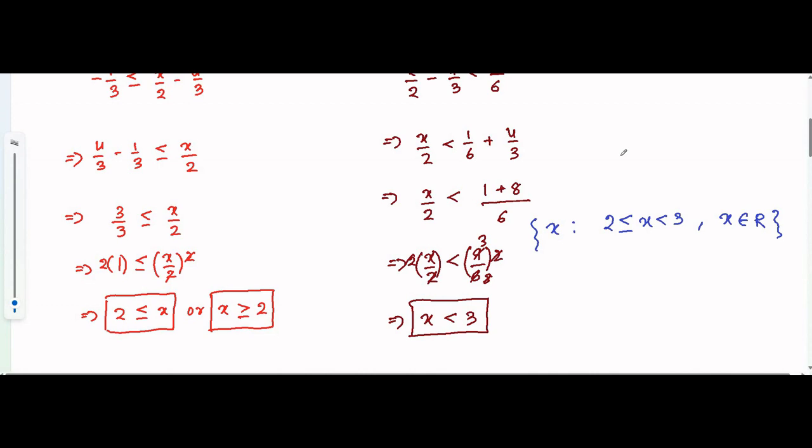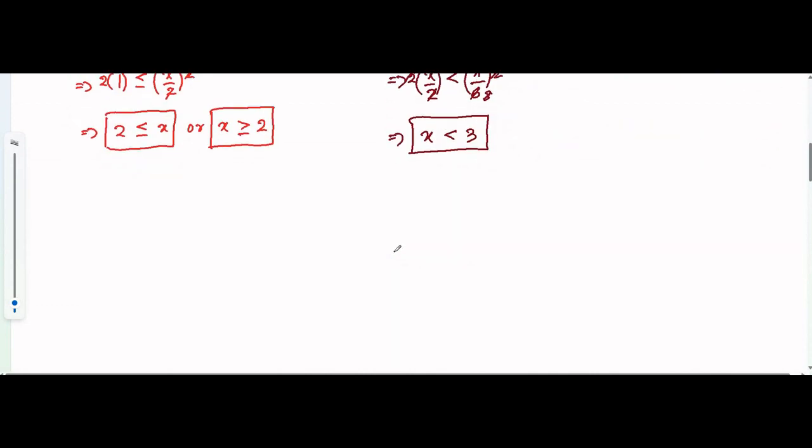Now if we have to plot it on the real number line, so first let's draw the number line. Okay, so 0, 1, 2, 3, 4.